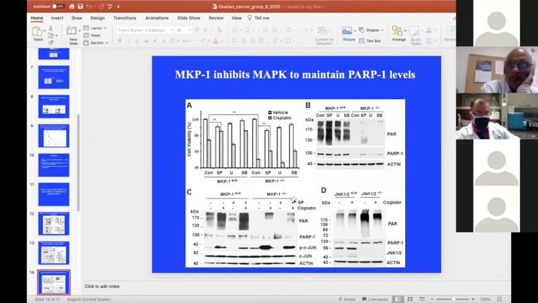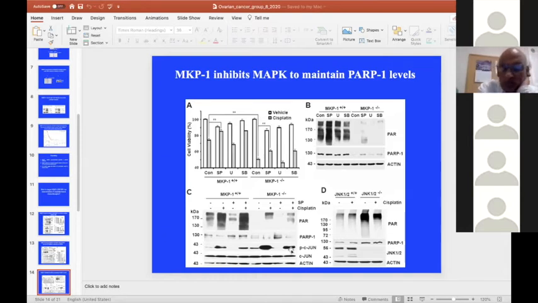We show that actually in both MKP1 cells we can see that cisplatin induces JNK, and if we add the JNK inhibitor, we can see decreased level of PARP1 and also decreased c-Jun phosphorylation, which indicates that actually the pathway is inhibited by MKP1.